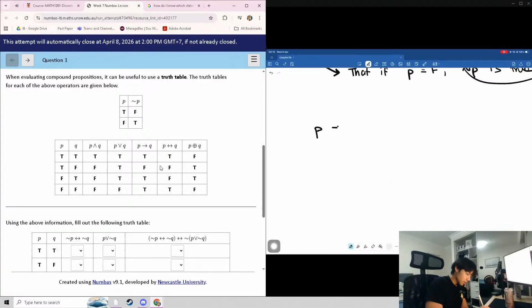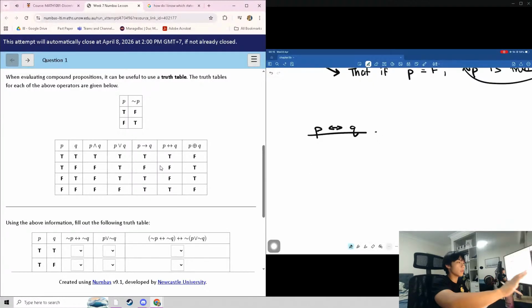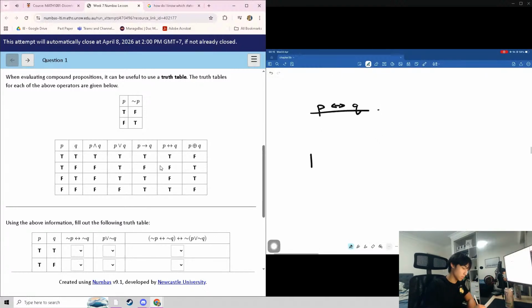Okay, P implies Q. If P is true and Q is true, true. If P is true and Q is false, false. In between, if false and false, then true. If in between, it's false. So the exclusive OR is probably the only one that we might want to look at.